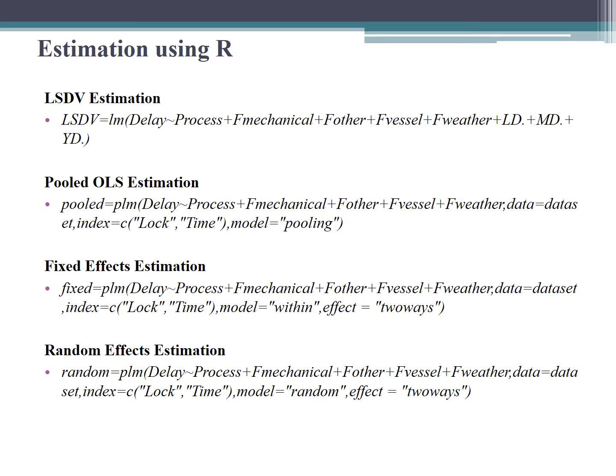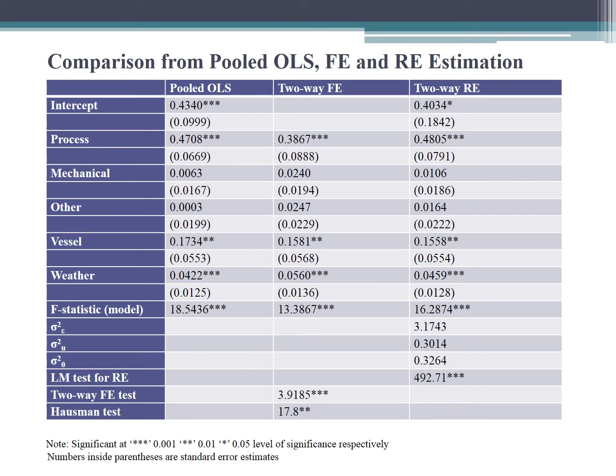So we have the estimation and we have the following outputs from pooled OLS, two-way fixed effect, and two-way random effect estimation. We can see the intercept term from two-way fixed effect is dropped because the fixed effect estimation drops any time invariant characteristics which are included, which go to the intercept term.